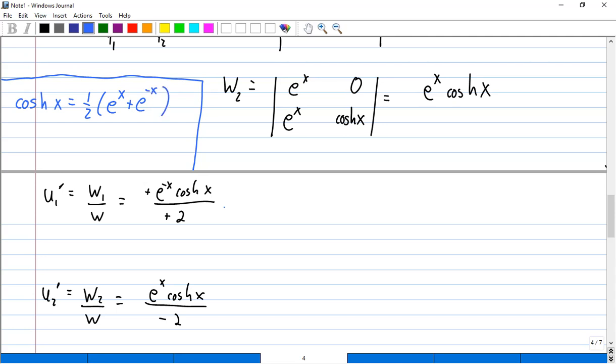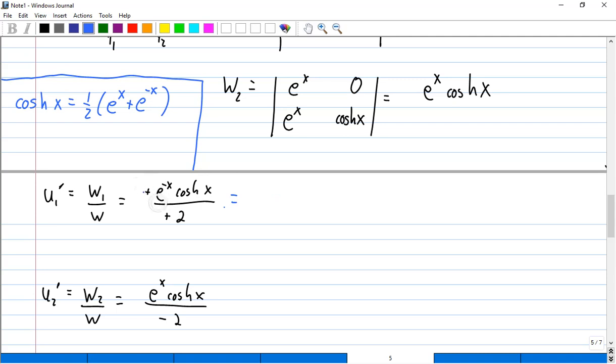Hyperbolic sine is defined similarly. It's just a little change of positive and negative signs. So now we can just make that substitution. We can plug that in for hyperbolic cosine in both places.